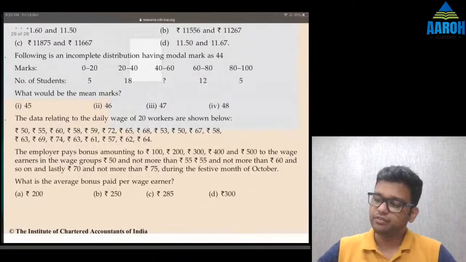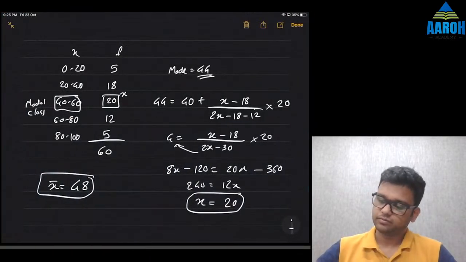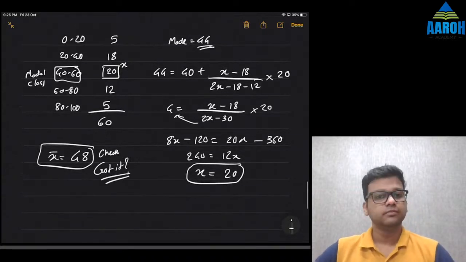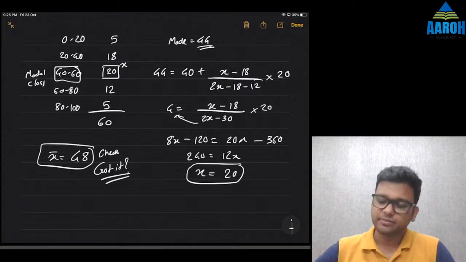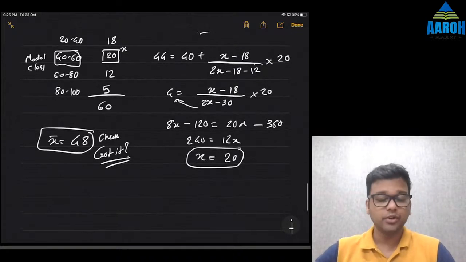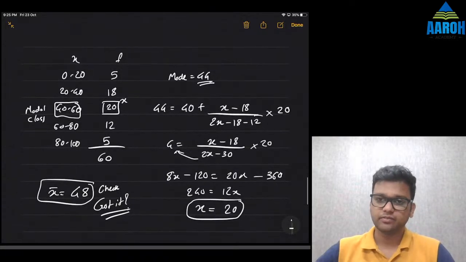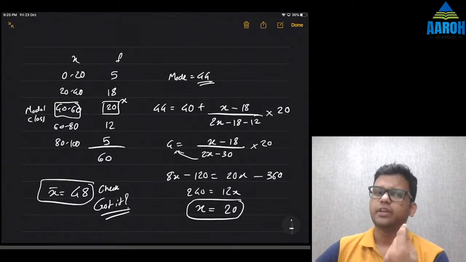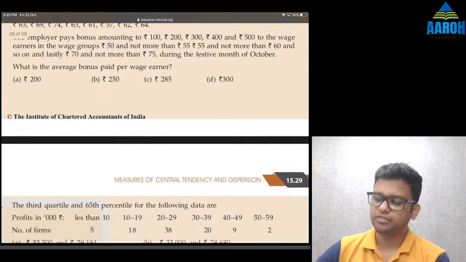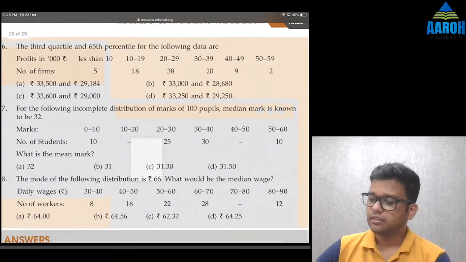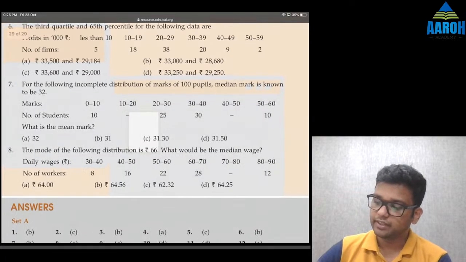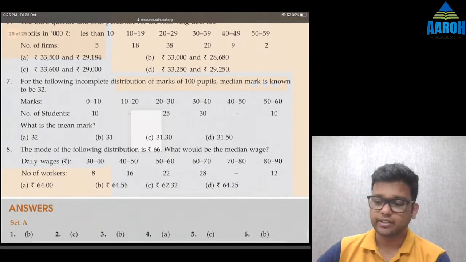Option D. 48 is the mean. I hope everyone has got this. So whatever is given to you, start working from that. If you don't have any doubt in this, then can you try question number 7 by yourself? This seventh question. 48, correct.